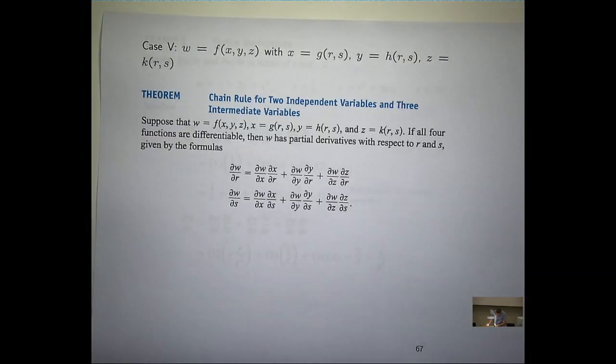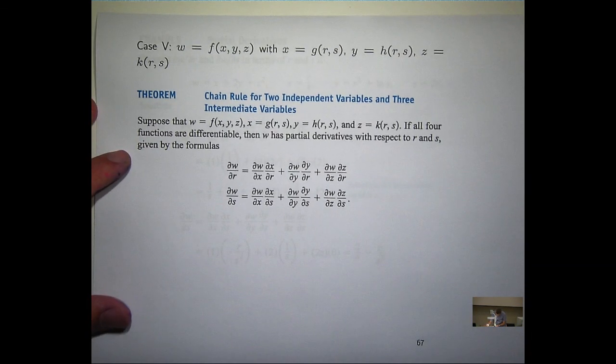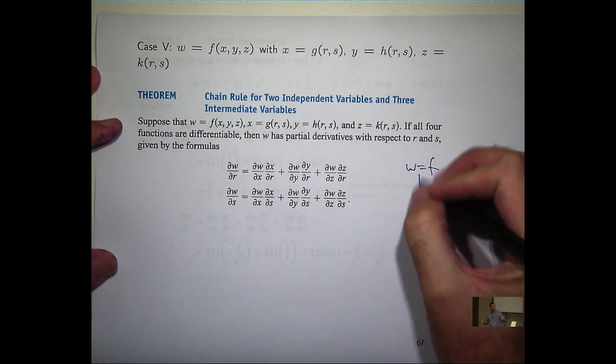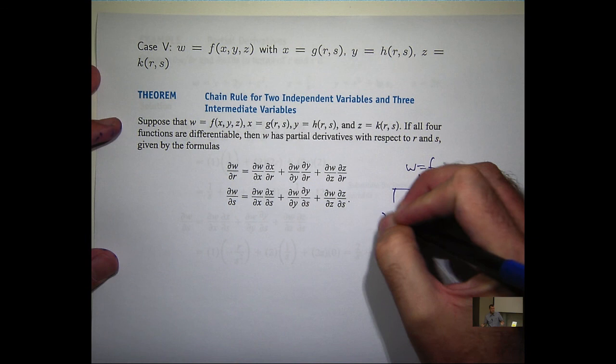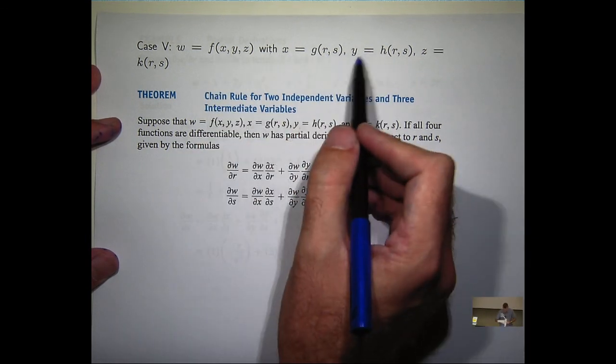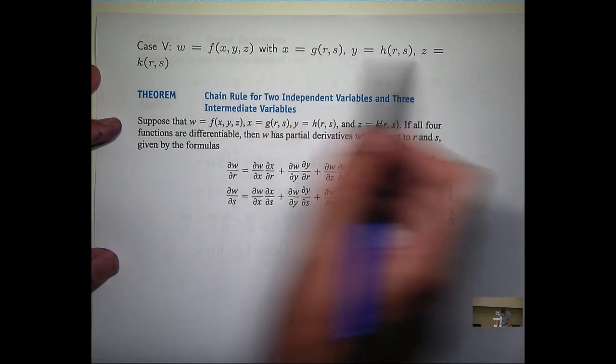Now, starting to get a bit crazy. Function of 3 variables. Each of those variables depends on 2 variables. Whoa. Again, just draw a picture. Right? X depends on 2 things, Y depends on 2 things, Z depends on 2 things.